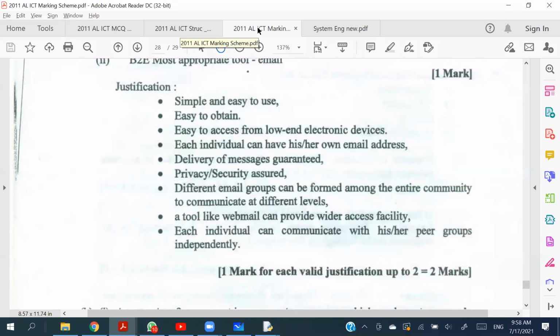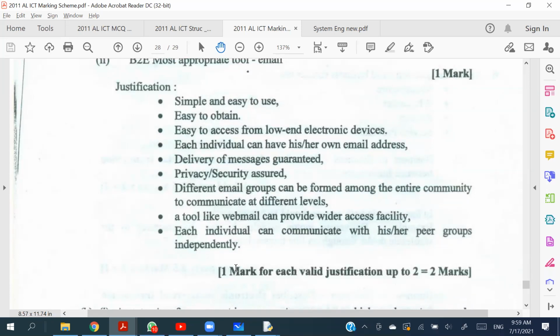They have given many justifications. Here they expect at least two, although they haven't said in words that two are needed. But the marking says 1 mark for each valid justification up to 2. So: simple and easy to use, easy to obtain, easy to maintain, easy to access from low-end electronic devices, each individual can have his or her own email address.